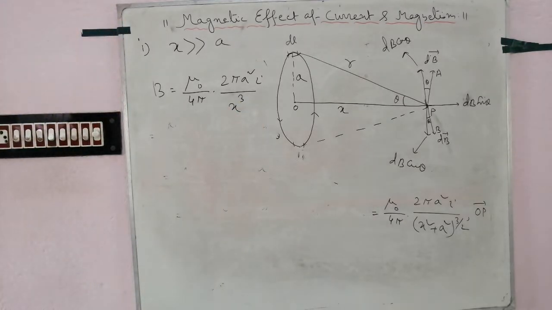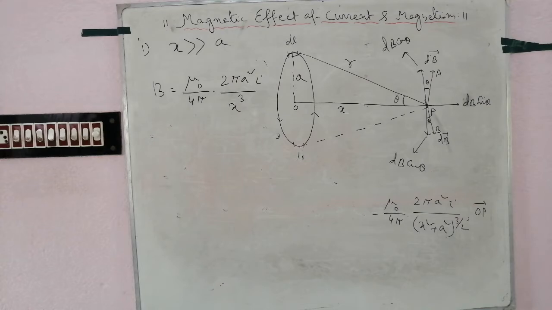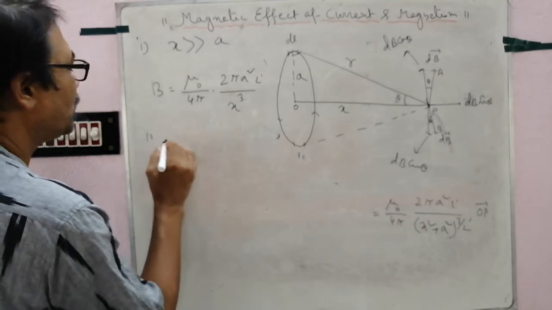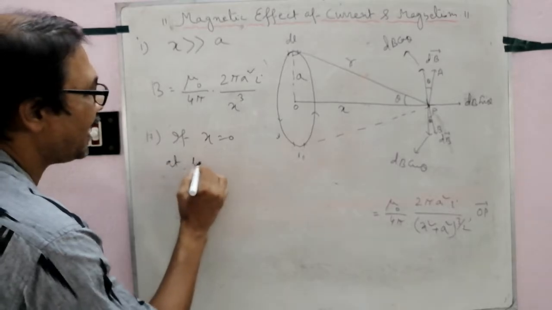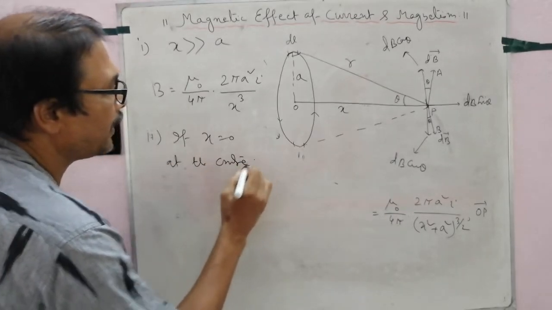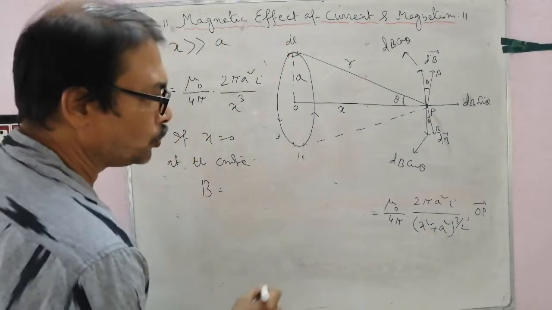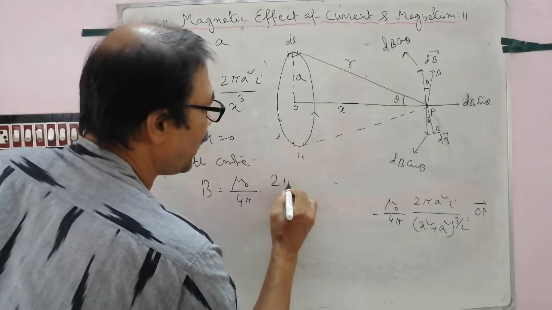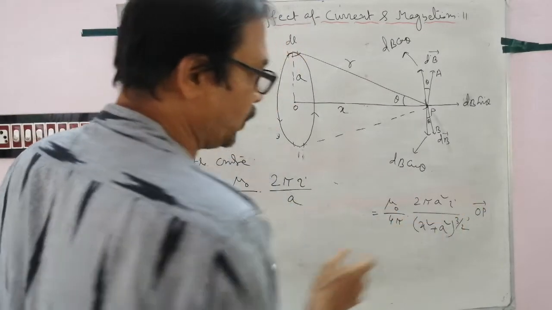Follow. Number 2, if x equals 0, at the center of the coil, B equals mu naught by 4 pi, 2 pi I by a, since a square by a cube.